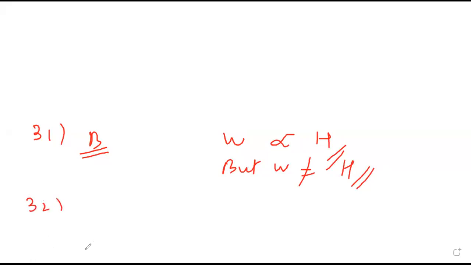Consider the following two statements and select the correct answer. If heat is added to the system, its temperature may always increase. Is it true? Heat added to the system, always temperature will increase?